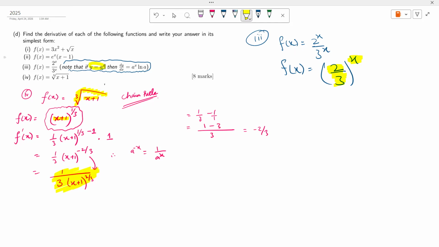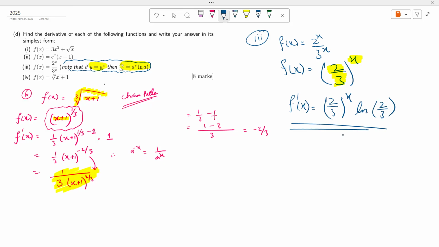So when we have something like this, we apply this rule. If I take the derivative, I get 2 upon 3 to the raised power x into ln of 2 upon 3. So this is my answer. Simple, just one step.